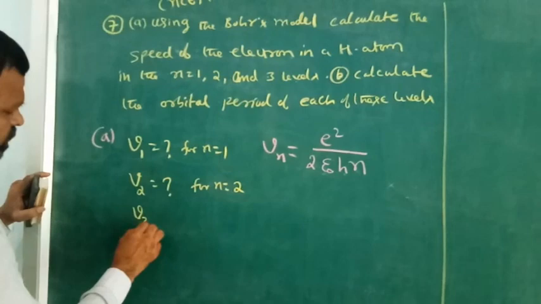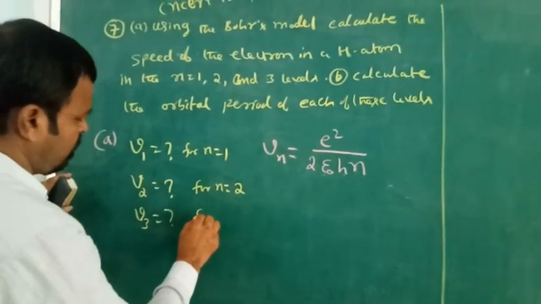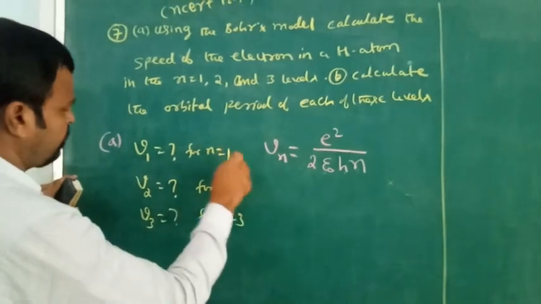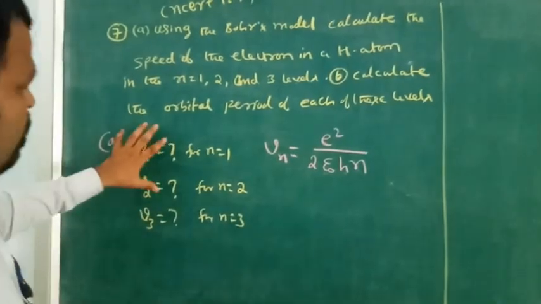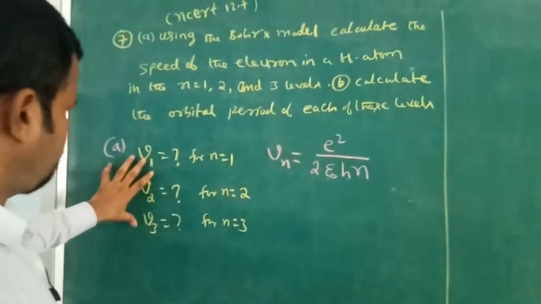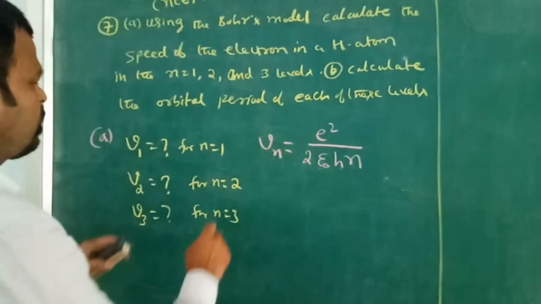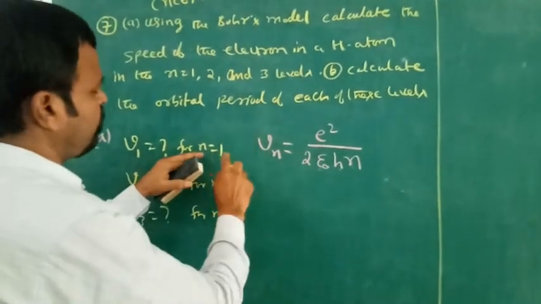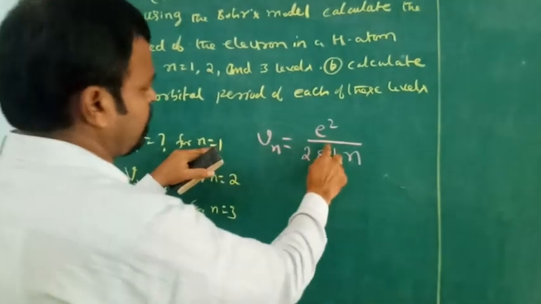The velocity of an electron in the third orbit, that is for n is equal to 3. For that, you put the value for n equal to 1 in this equation.